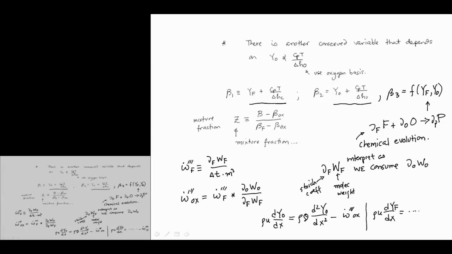So I think it's pretty obvious what I'm saying. So, for example, if I multiply this by nu O, WO over nu F, WF, I can combine these two equations and get, say, YO minus phi YF. So this thing would be conserved.